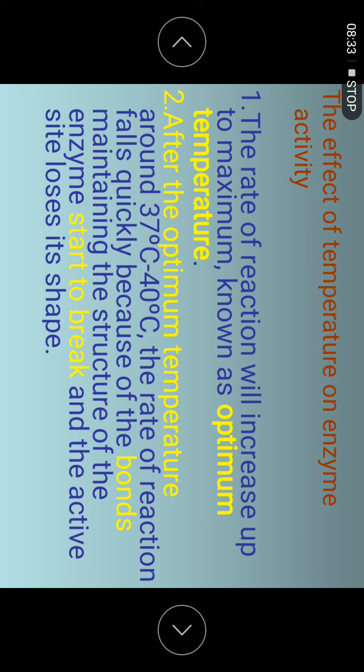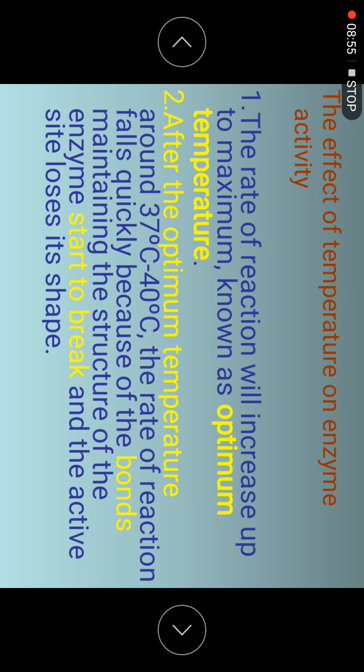The bonds break when you have heat, just like when you do an experiment. You heat up something, or very easy, you can see the egg. Eggs are proteins. The white of the egg is mainly protein. So if you give a little bit of heat to the egg white, it turns solid.